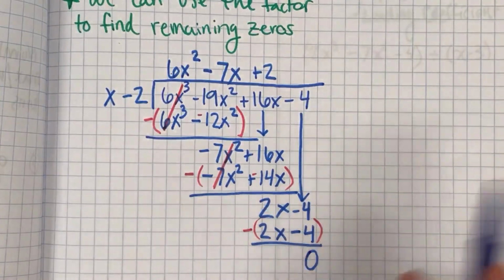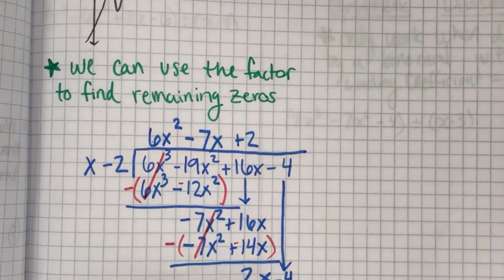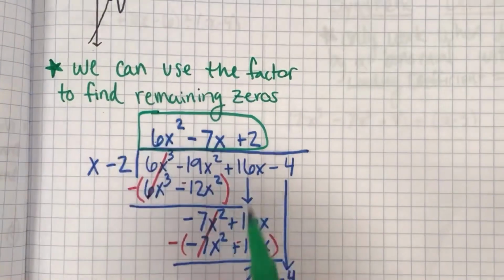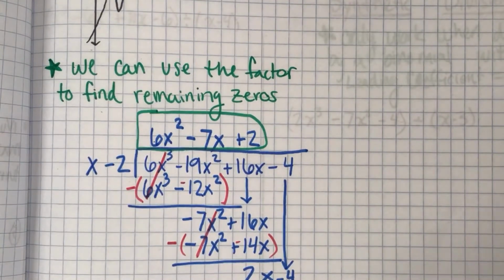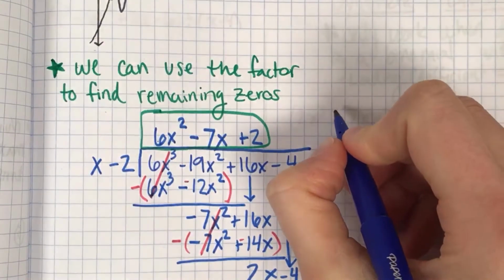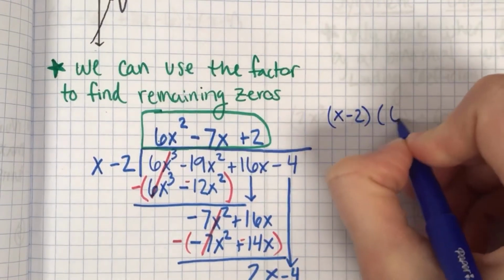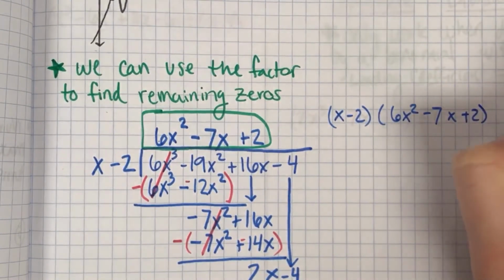And now we're going to look at our answer, and we're going to find our remaining zeros from there. So if we think about it, we've got x minus 2 times 6x squared minus 7x plus 2.